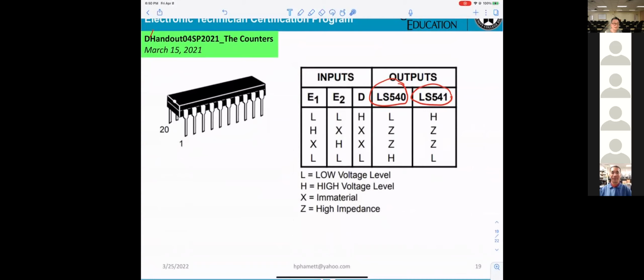However, NPN or PNP inside must work in saturation. We already talked about NPN, PNP. They can be active for an amplifier. They can be cut off or saturation. That is for logic circuits.